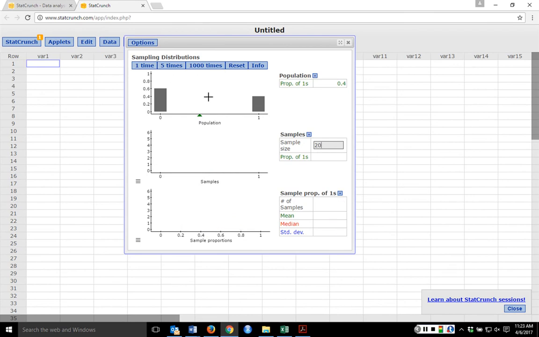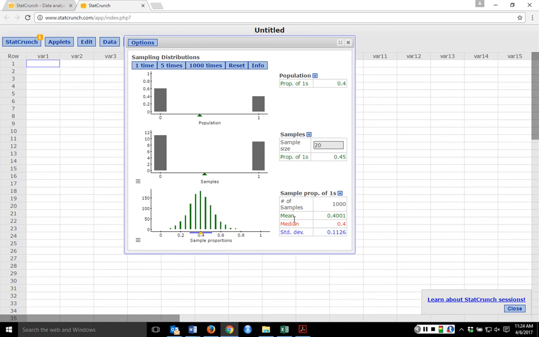But I'm going to real quickly just show you the one time just so you see what's going on. Alright, so it pulls out 20 beads, figures out what percent were black, and plots it. Now we're just going to do the same thing and jump to doing it 1,000 times. And we have a new looking plot. It kind of makes sense that we have different numbers here on it because different numbers are possible, right? Before, there was no way you could get 45% black when you only pull out 10 beads. So my numbers are a little bit different here.